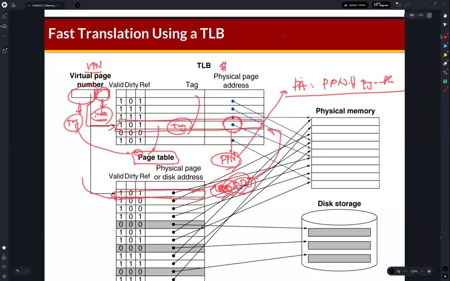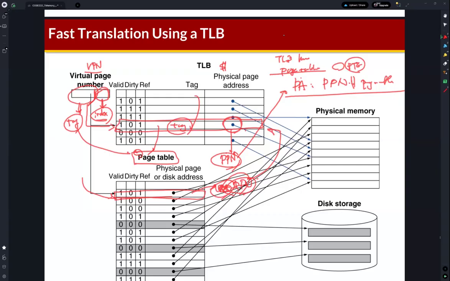So the best case is a TLB hit, obviously. If the TLB is missed, we need to access the page table, and if the valid page table entry is found, then we can access the physical memory. But what is the worst case?